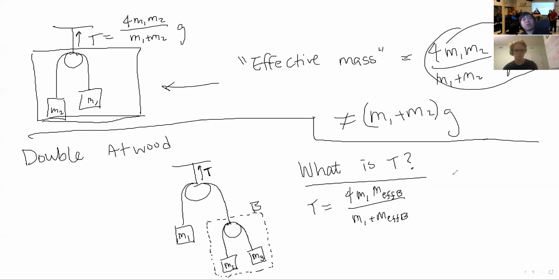And now, what is the effective mass of the box? The effective mass of the box is 4 M2 M3. I am missing a G. Right, and then now M2, just plug this in everywhere, right?